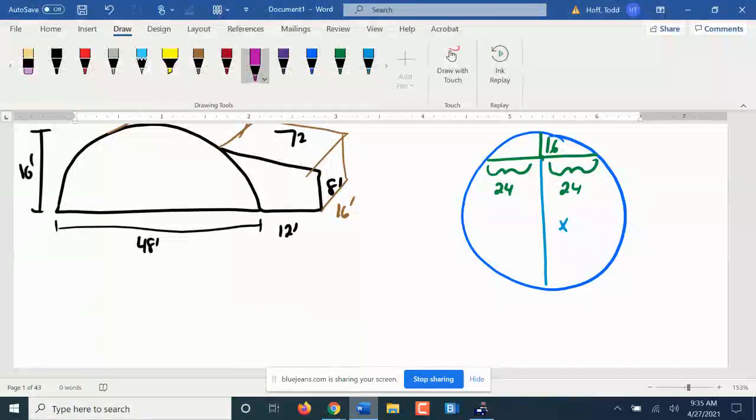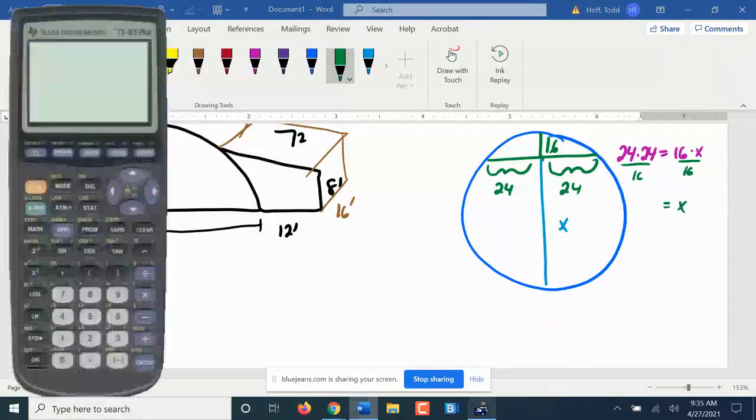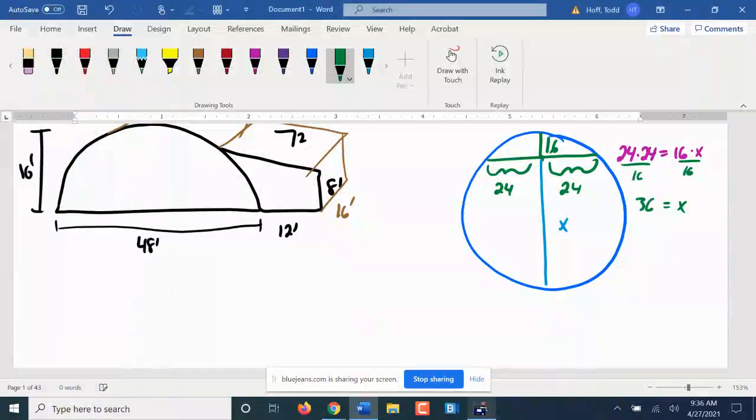So to find x, it's 24 times 24 equals 16 times x. We divide both sides by the 16. So 24 times 24 divided by 16 is 36. So x is 36, which means the diameter of our circle here is 16 plus 36, which is 52 feet, giving us a radius of 26 feet.